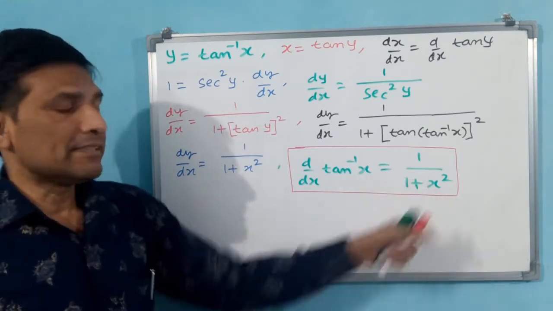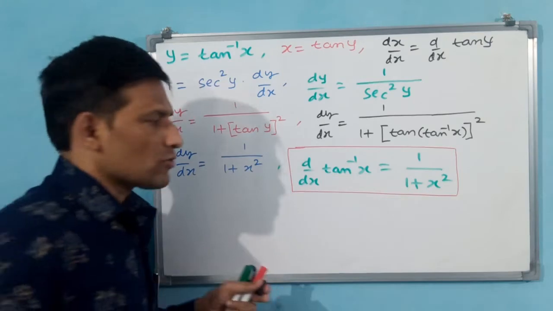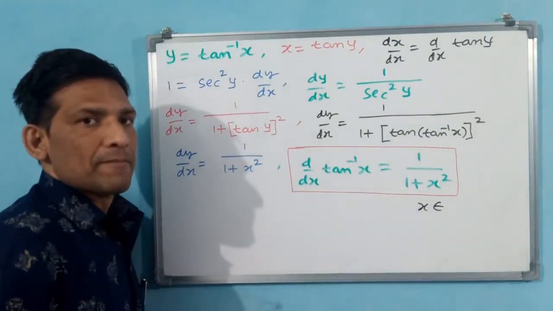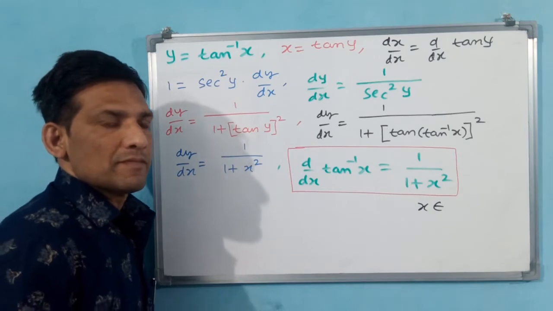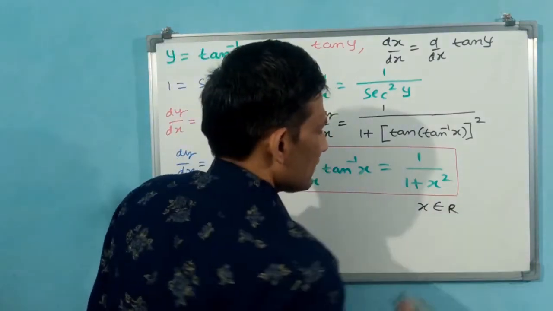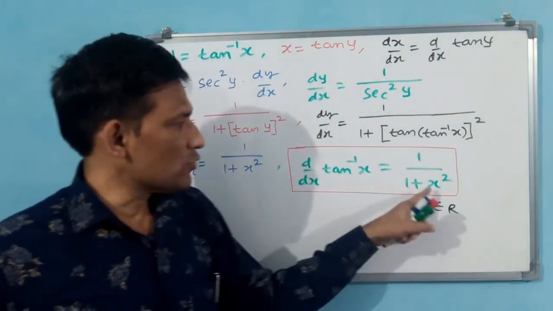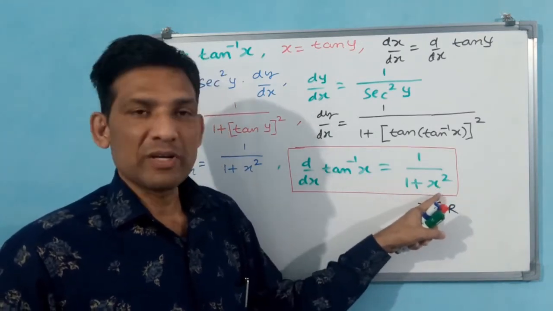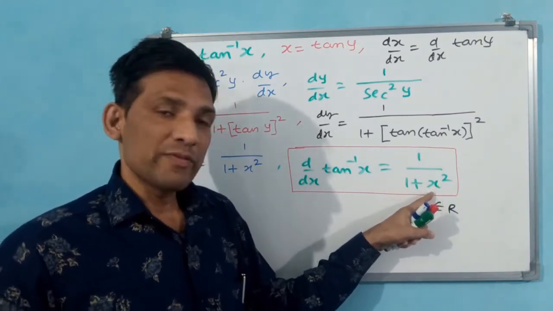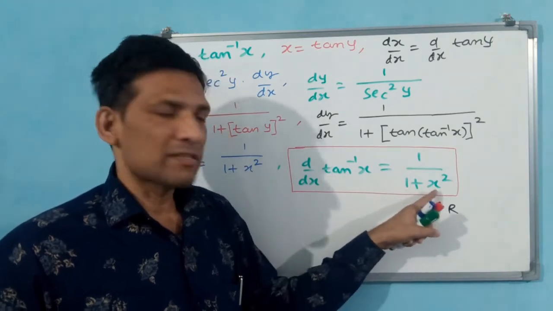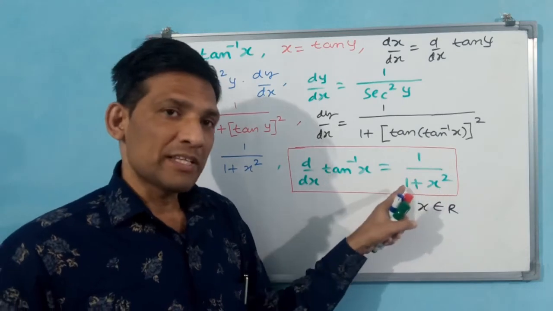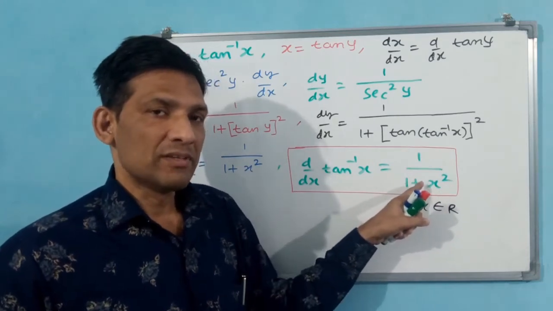Now we analyze the domain. x belongs to what? x belongs to R. Why? Because here x square is becoming 1 whether you give minus 1 or plus 1. Minus 1 square is 1, plus 1 square is 1, so 1 plus 1 is 2 for both. Zero also, nothing will happen, 1 plus 0.